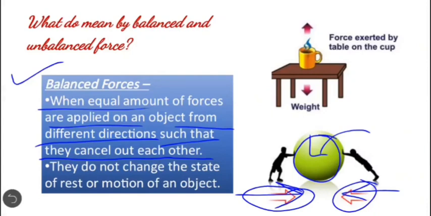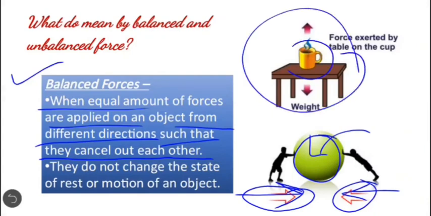Now you can see in this picture a cup on the table remains at rest because of balanced force. There are two forces acting on the cup. The first force is in the upward direction and the second force is in the downward direction. The second force is gravitational force which pulls the cup downward, and the first is a force applied by the table on the cup to keep it in its position.